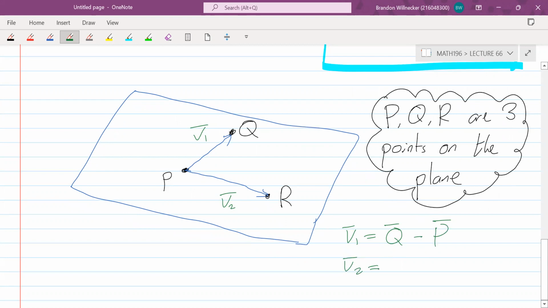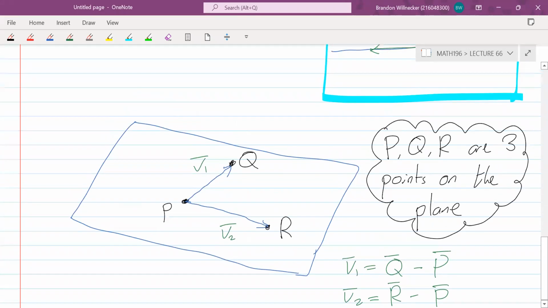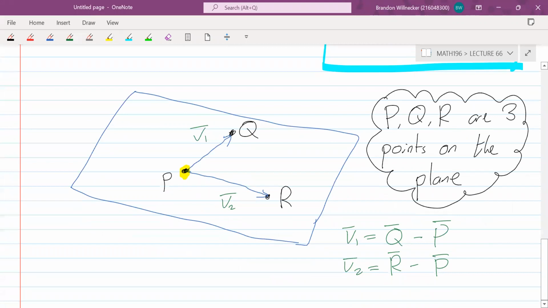V2 is going to be from P to R. So it's going to be the vector going to R minus the vector going to P, and that gives us the vector that goes between the points. V1 and V2 both have their base point or the starting point at P. So let's just highlight that. They both start here. V1 goes out to Q, V2 goes out to R. And both of them lie in the plane because we made them using points in the plane.